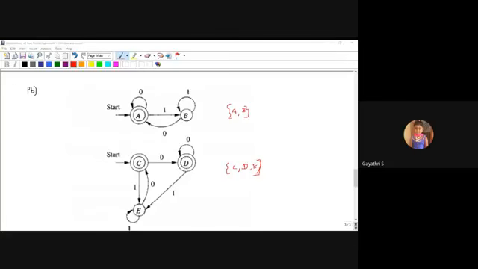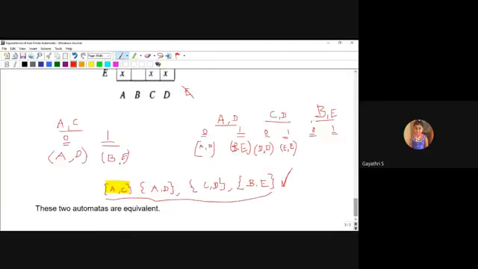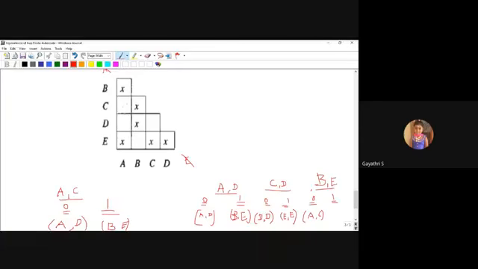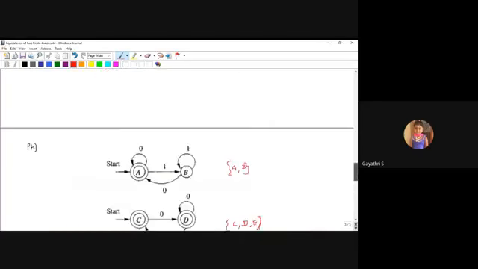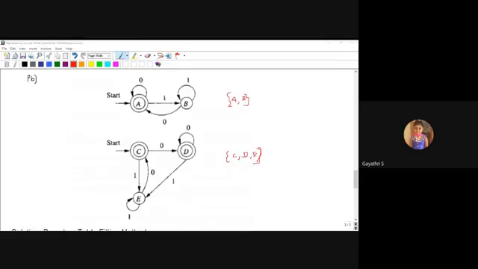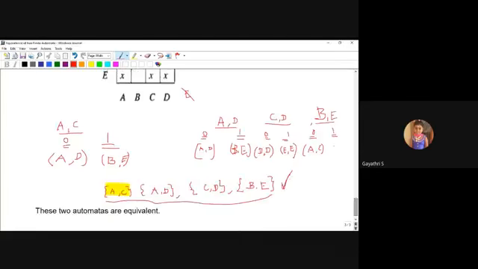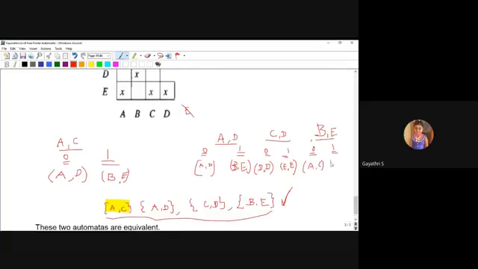Okay, AC. AC is also unmarked. What about BE on 1? Yes, BE is also unmarked, right?